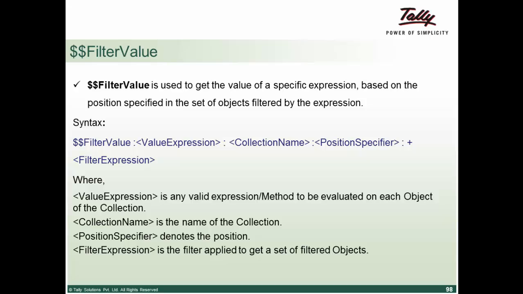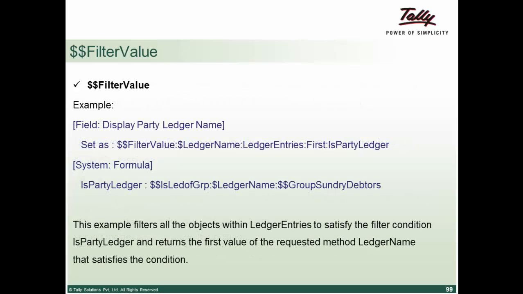The value expression can be any method name or any other expression which can be evaluated within the object that you have provided as your collection name, and the position specifier denotes the position. You want one, the first one, the second one, the third one. That is the position specifier. So there are two keywords that you can use as a position specifier, that is the first or the last. These are two keywords that are allowed.